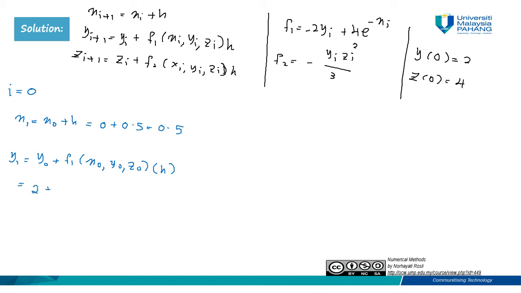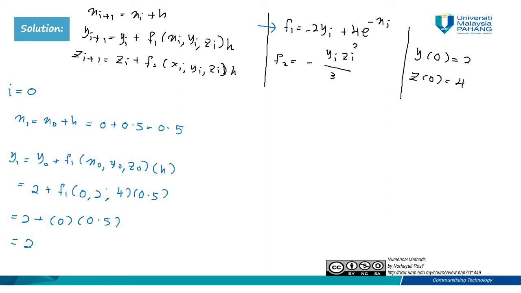It is 2. Our f1 of x0 equal to 0, y0 equal to 2, z0 equal to 4, multiplied with 0.5. Then just substitute 0, 2 and 4 into our f1 here. So you will have f1 equal to 0 multiplied with 0.5, so you will have 2. So this is the value for y1.